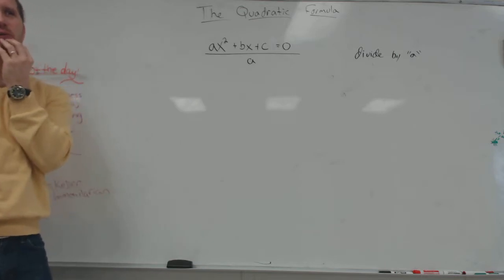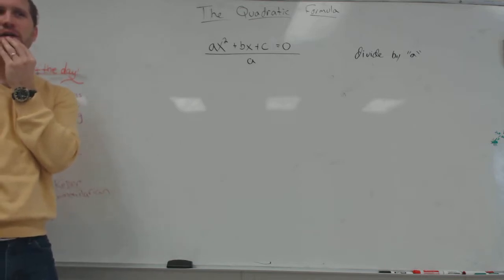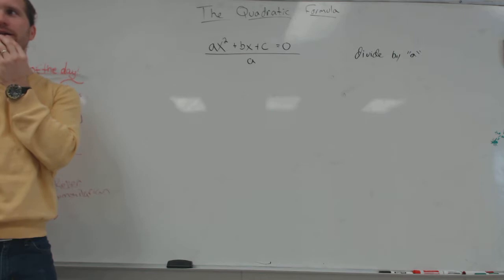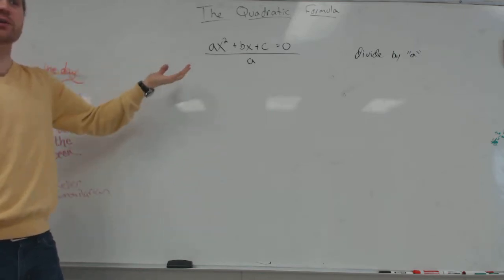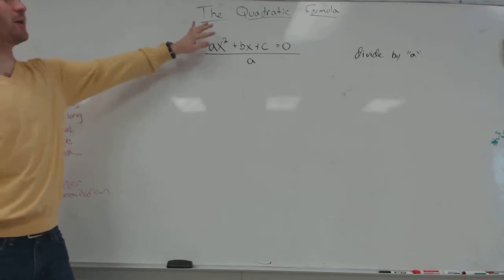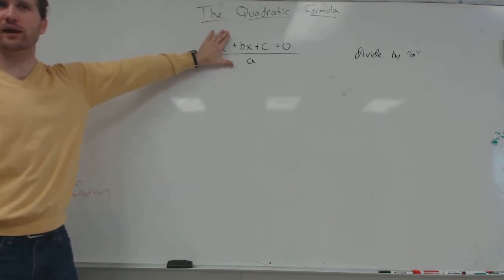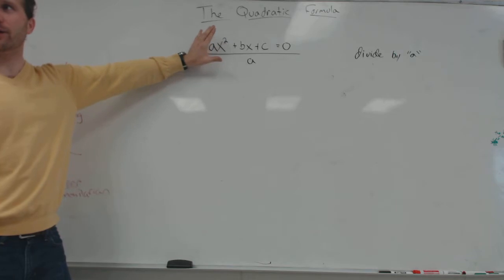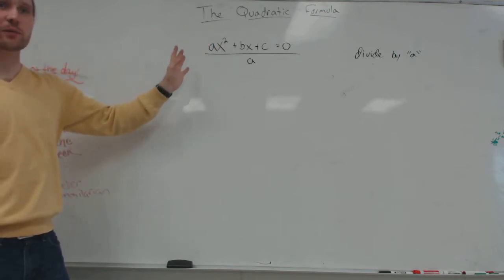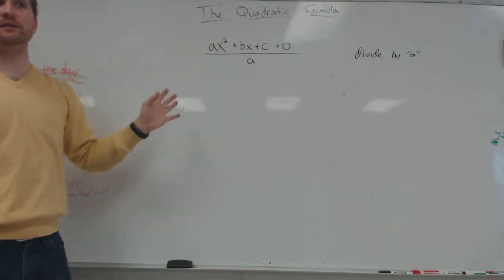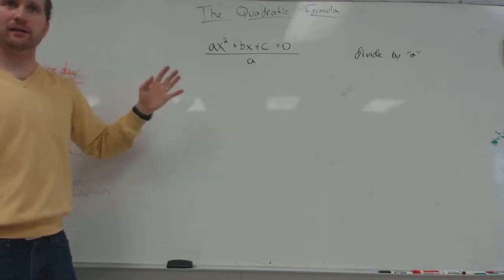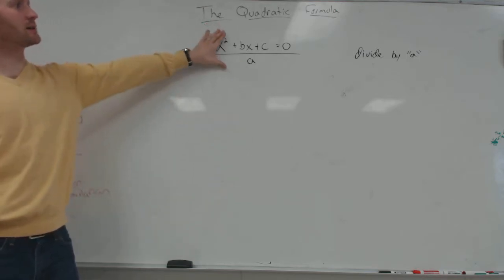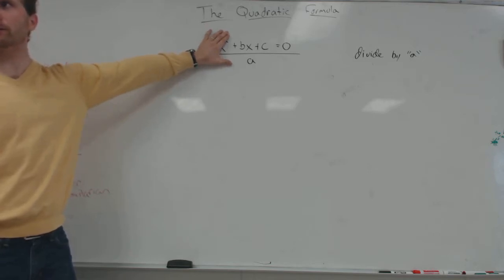So will this really work for every quadratic ever? It will, because think about it. If a is 0, then it's not a quadratic. We have 0x squared, so that makes it not a quadratic. So this will literally work for every single thing that is a quadratic. It won't work if a is 0, but if a is 0, this becomes just a linear equation.